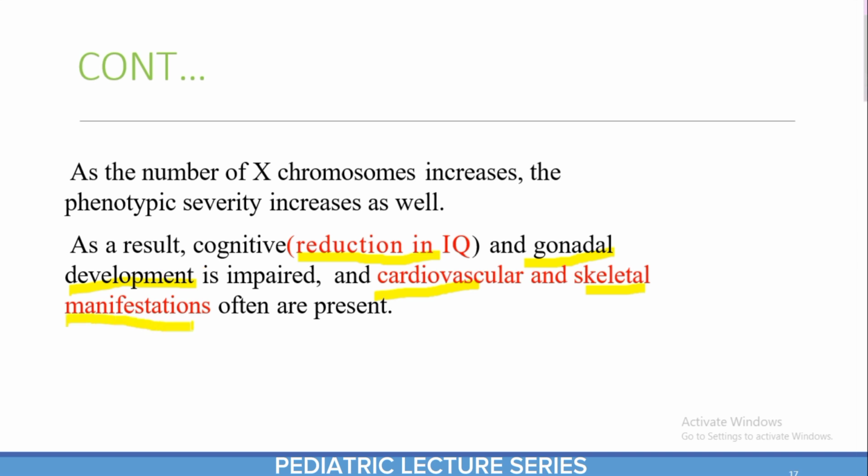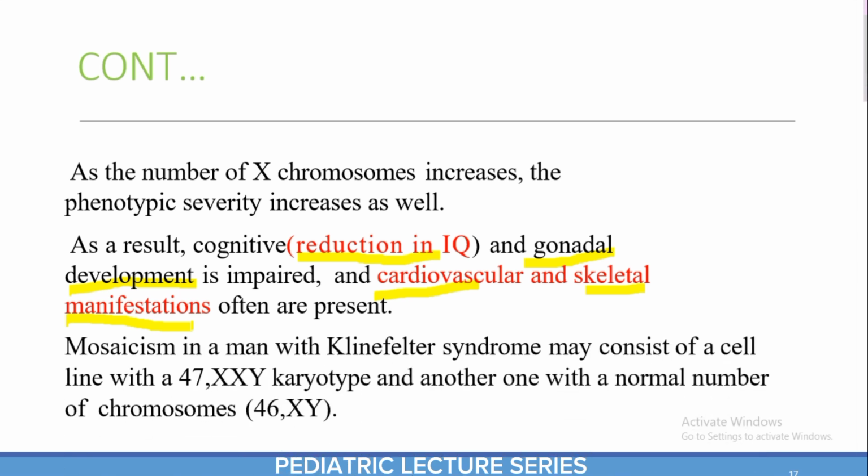The cardiovascular manifestations that may be present in these individuals include congenital heart defects like patent ductus arteriosus. You can also have stenosis of the mitral valve. Then you can have skeletal manifestations like spina bifida, which might be present in these individuals.